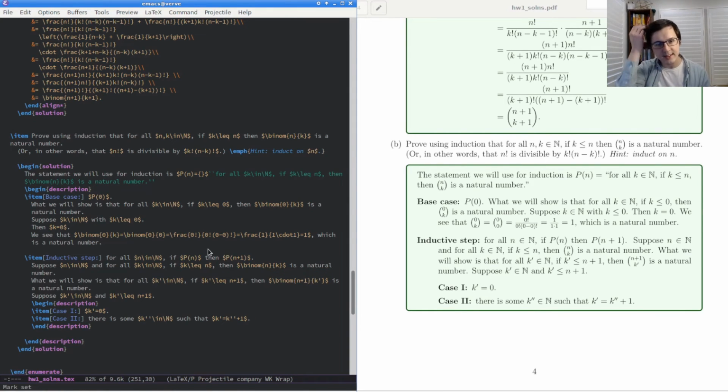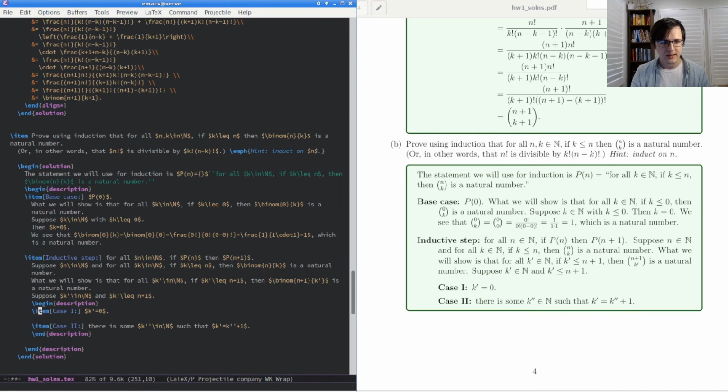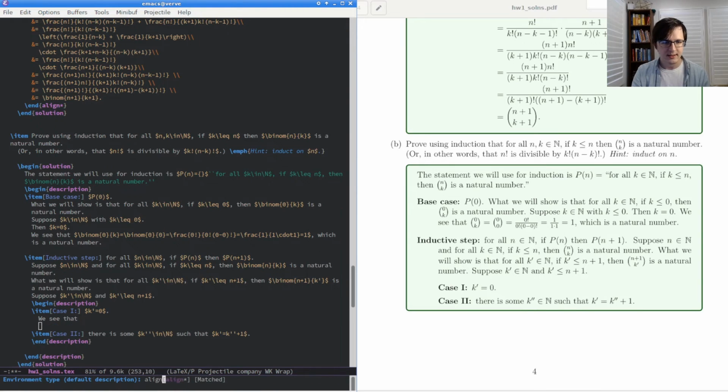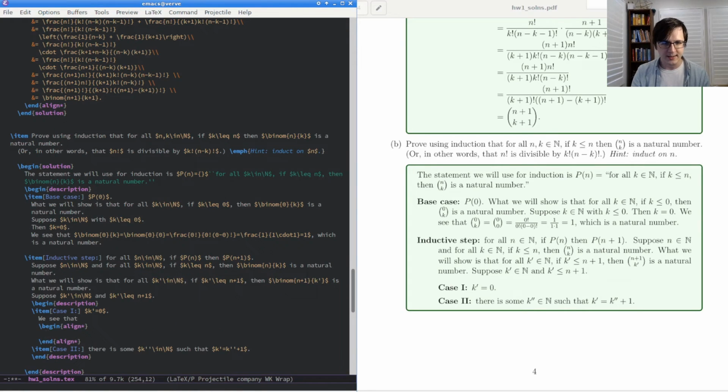In this case, I think this should be easy. Let's calculate what this binomial coefficient is.